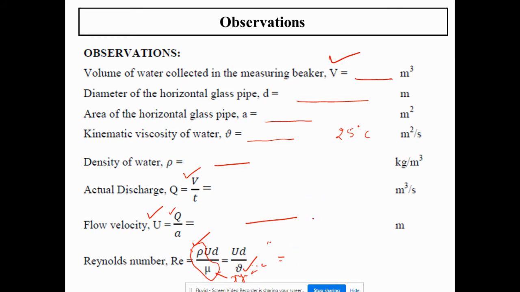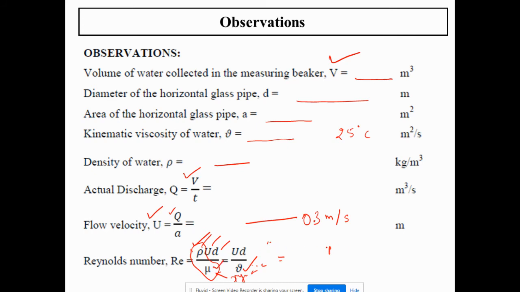Let's assume the velocity to be about 3 meter per second. Obviously, I believe this is going to be turbulent in this case. Maybe 0.3 we'll consider, and we'll see whether we get laminar or turbulent. So this is the density of the fluid, and the velocity is 0.3 meter per second. The diameter of the pipe, in this case 2 centimeter, is 0.02 meters, and we have the kinematic viscosity of the fluid.